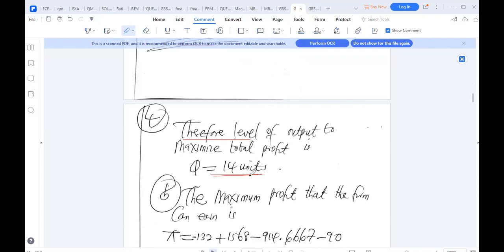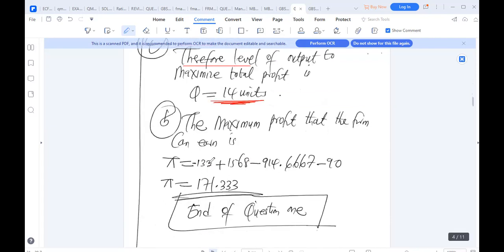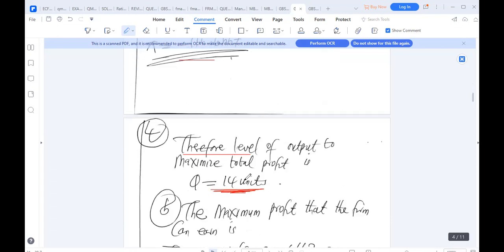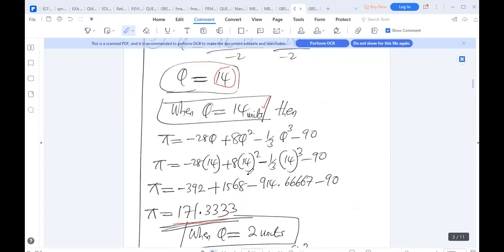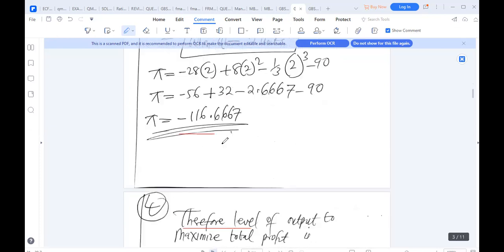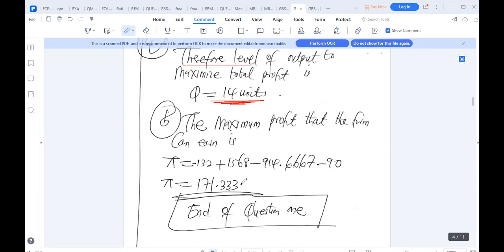So using the 14 that we found, let's go into this equation here. We substitute the 14, of which we already did get our 171.33. So this is how we were able to identify.